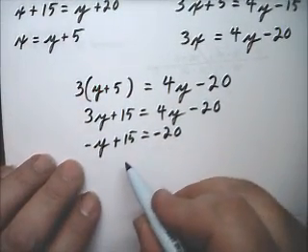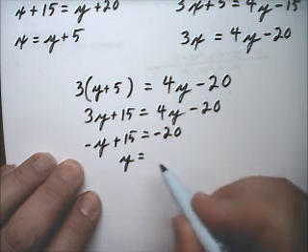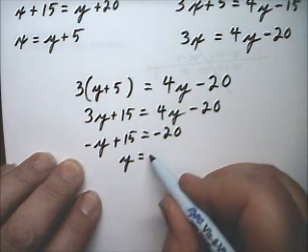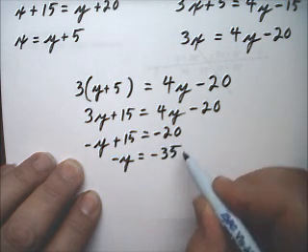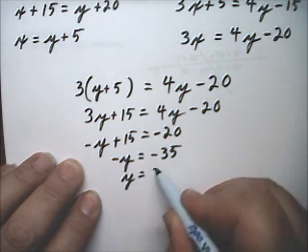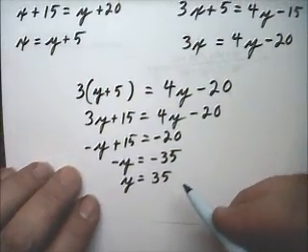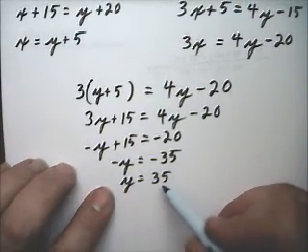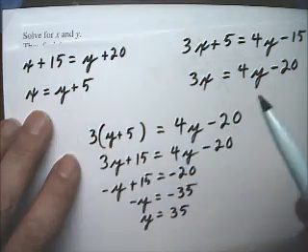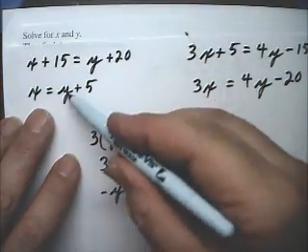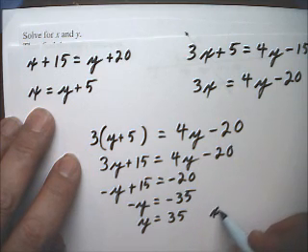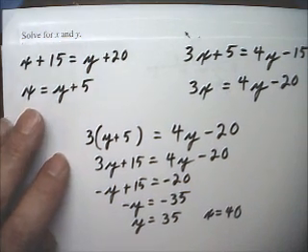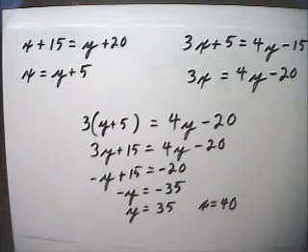Now subtracting 15 from both sides, I get minus y equals minus 35, and that means y equals 35. And putting y equals 35 into here, 35 plus 5 is 40, so x equals 40. That's how to solve it using two equations and two unknowns.